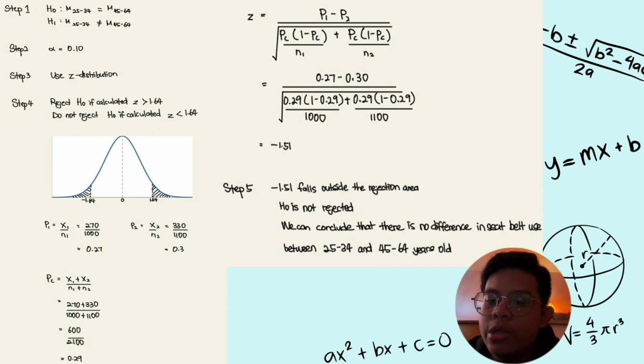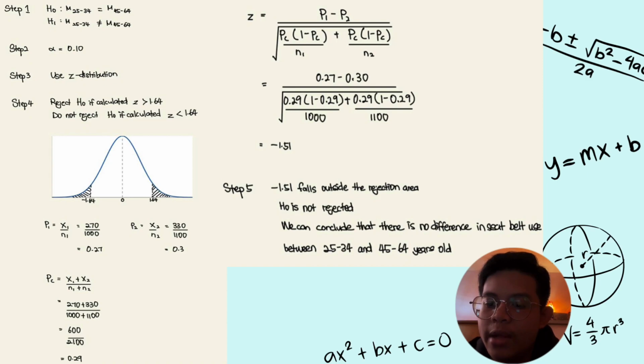Next, we use the Z formula, which is P1 minus P2 divided by square root of PC times 1 minus PC divided by N1, plus PC times 1 minus PC divided by N2.